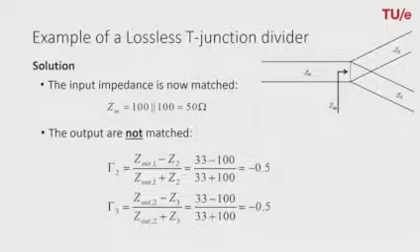If we consider the reflection coefficient of port 2 and 3, which are the same, we can calculate them from this equation, where the output impedance looking from port 2 into the circuit is a parallel connection of a 50 ohm line and a 100 ohm line, resulting in an equivalent impedance of 33 ohms. So from that we can see that gamma at port 2 but also at port 3 is equal to minus 0.5.